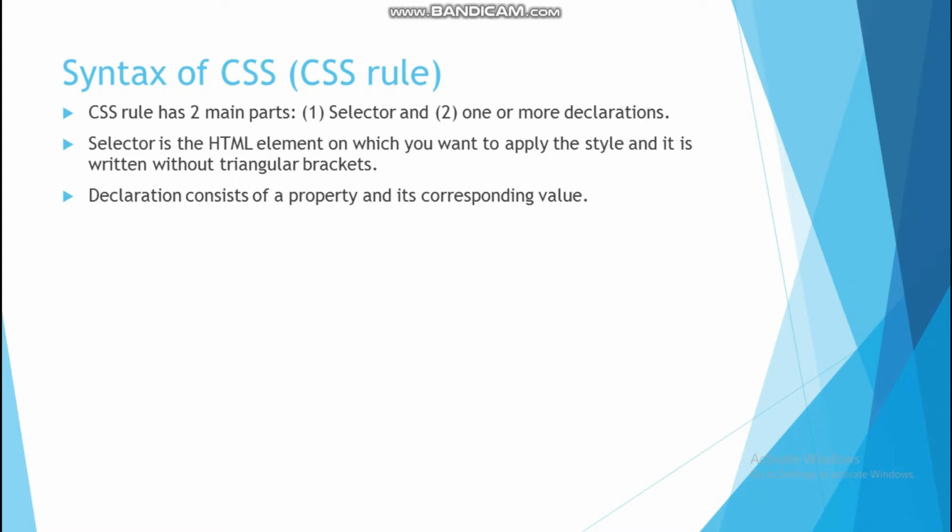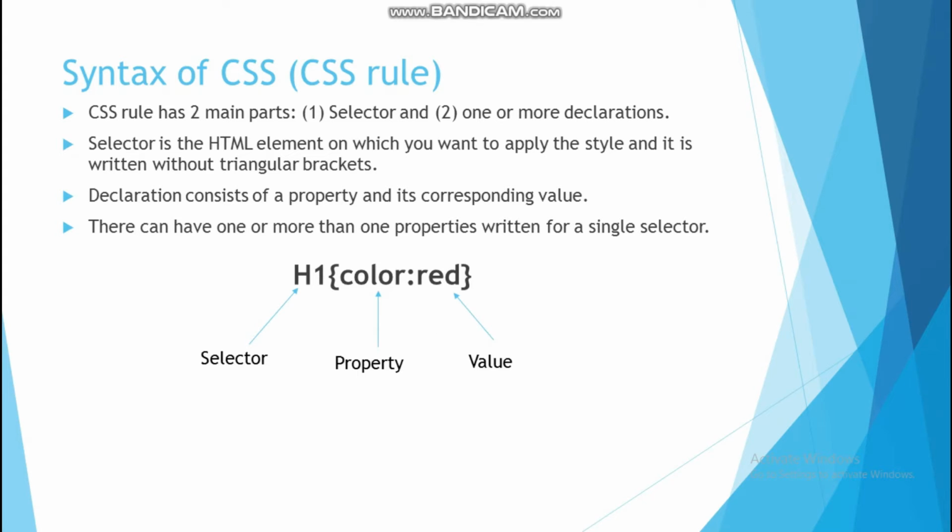Declaration consists of two things: property and its corresponding value. So there can be one or more than one properties written for a single selector. So if there is any one selector, suppose h1, then for h1 element or selector we can use either one or more than one properties.